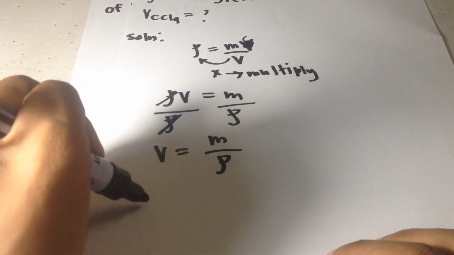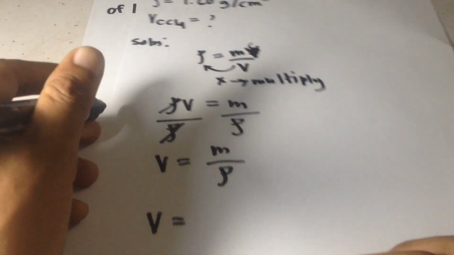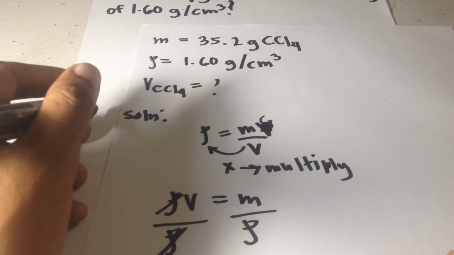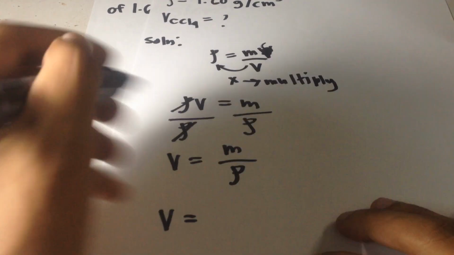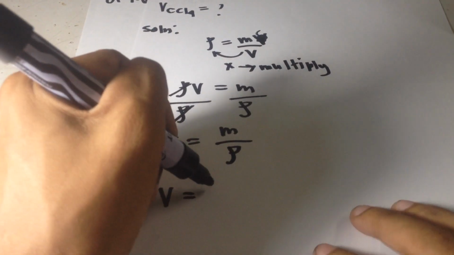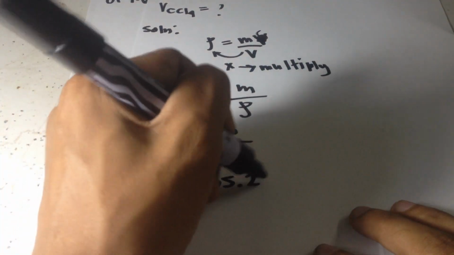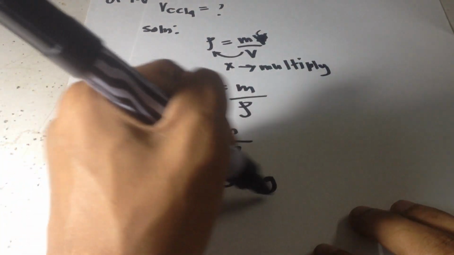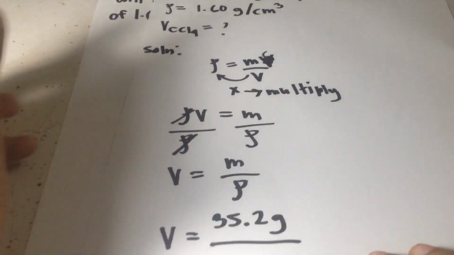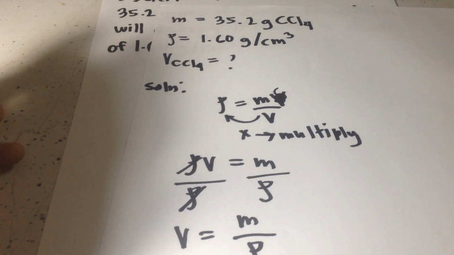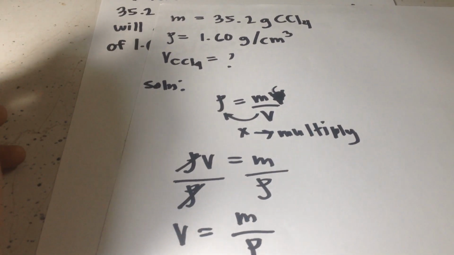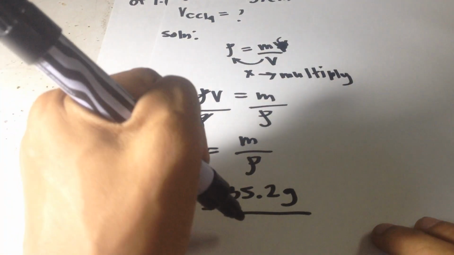So what is the volume? What is the mass? The mass is 35.2 grams, over the density. What is the density? Again 1.60 grams per cubic centimeter.